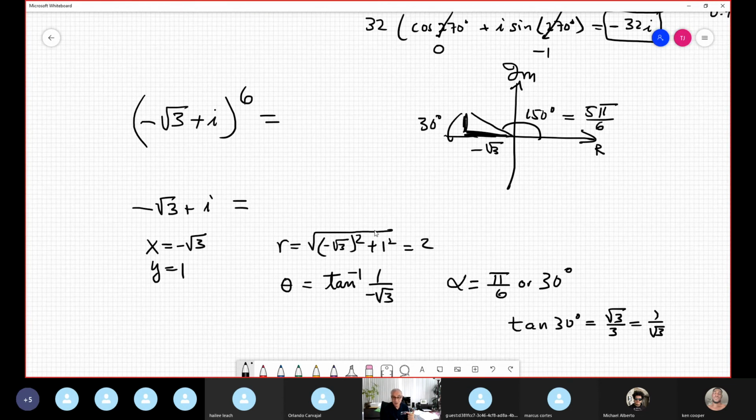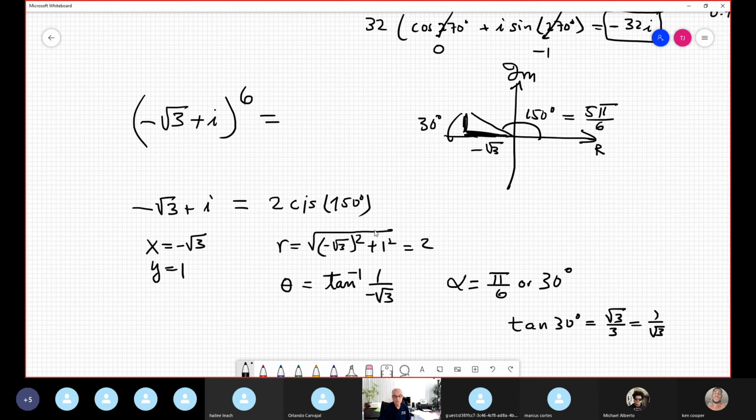The alpha, the reference angle, is pi over 6, but actually my theta is not pi over 6, it's 5 pi over 6 or 150. Either way, I prefer degrees. So now this complex number is equivalent to 2 times cosine plus i sine of 150 degrees.